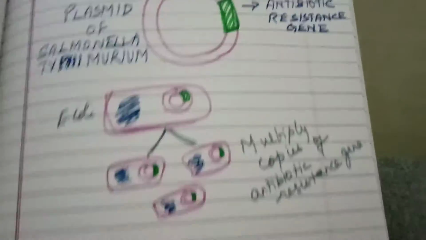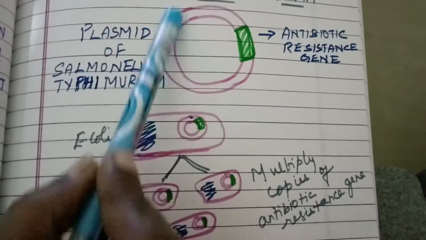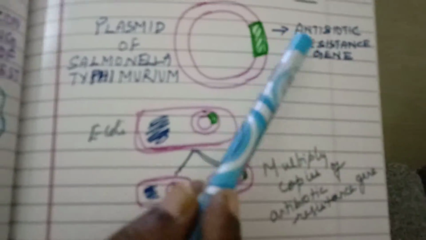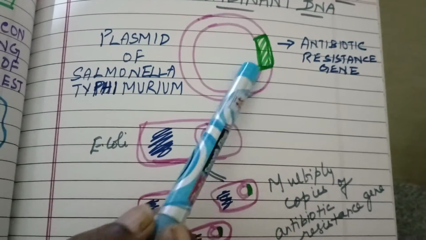It is plasmid mediated resistance, the transfer of antibiotic resistance genes carried on plasmids, which act as vectors carrying the piece of alien DNA attached to them.